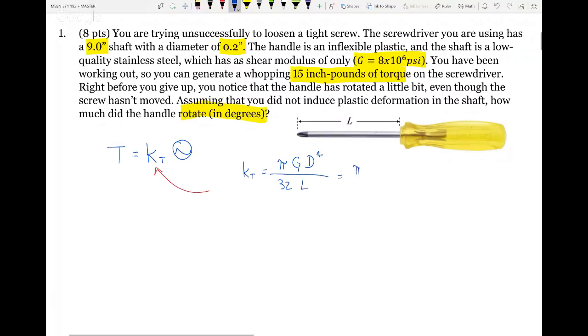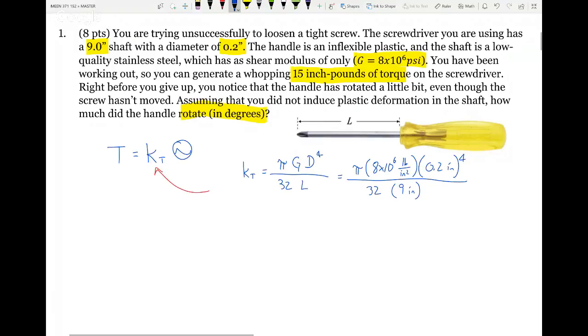Okay. G is 4 times 10 to the 6, let's say pounds per inch squared right here. 0.2 inches to the 4th divided by 32 times 9 inches. Okay.